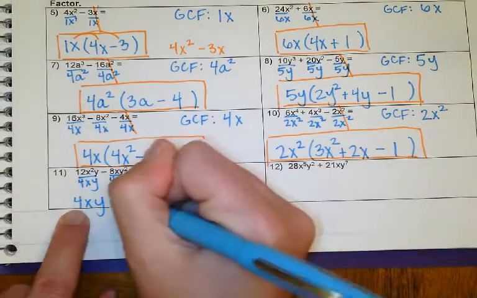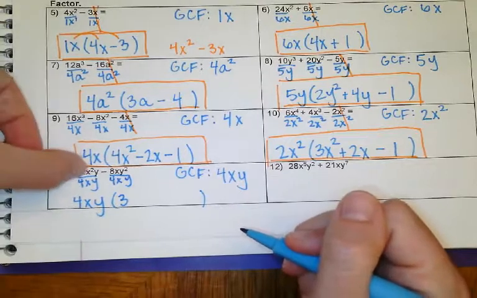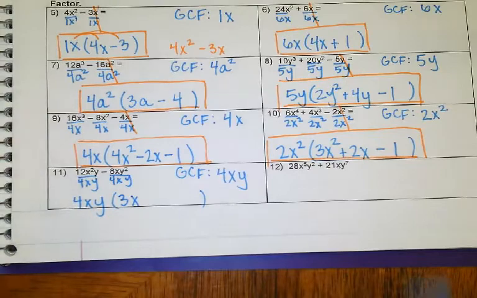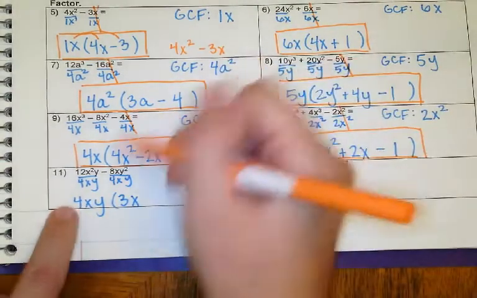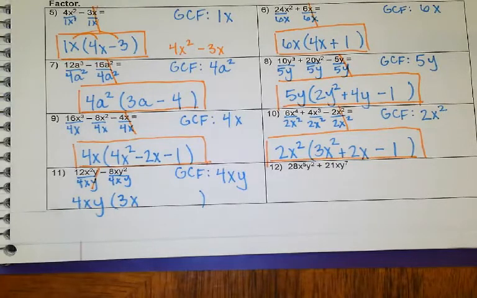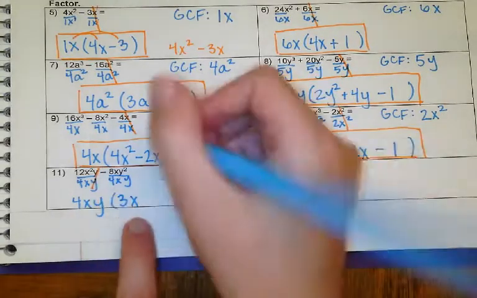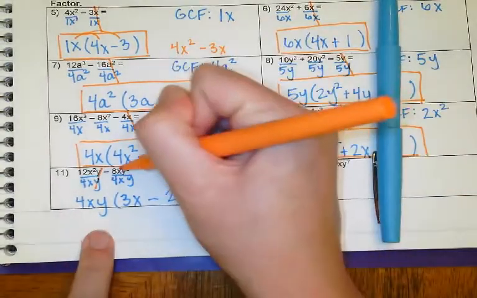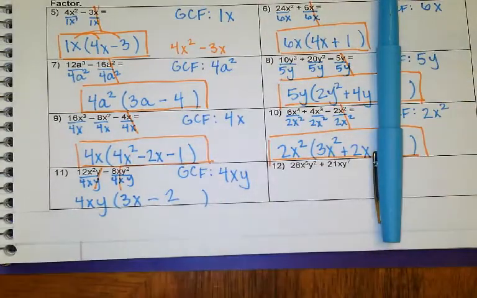12 divided by 4 is 3. I had x squared. When I divide an x out, I'm left with just x. The y's are the same and cancel out when I divide. Negative 8 divided by 4 is negative 2. The x's are both just x, which will cancel out.